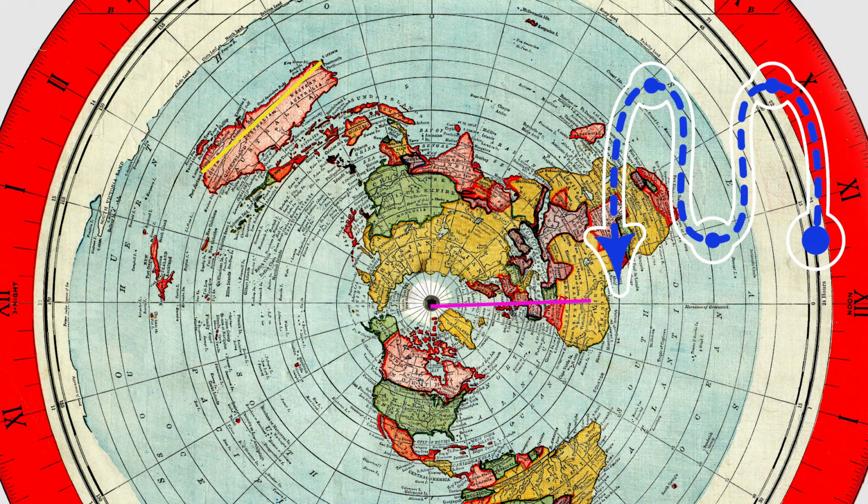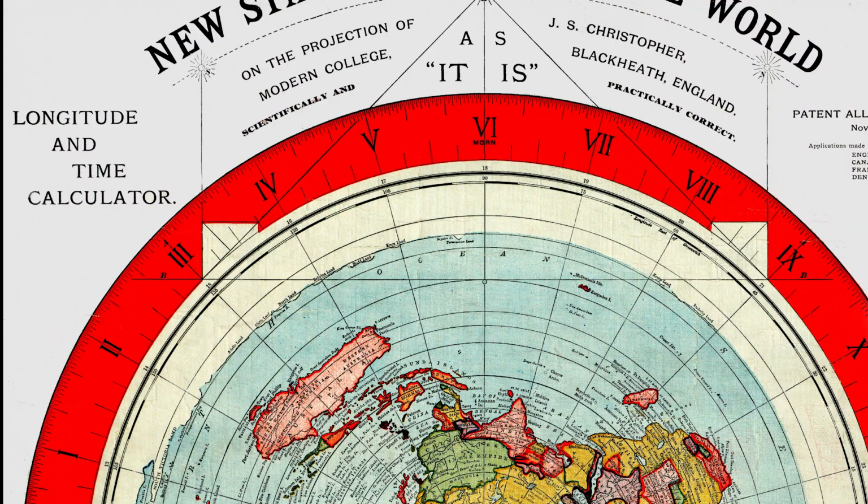We have a problem here, because that line suddenly looks more than over 9,000 kilometers. How can that be? And if you read the top of the map, it says it's a projection. A projection of what? It's a projection of the globe, and it's a longitude and time calculator. It's not suitable to use latitudes. You're a damn fool.